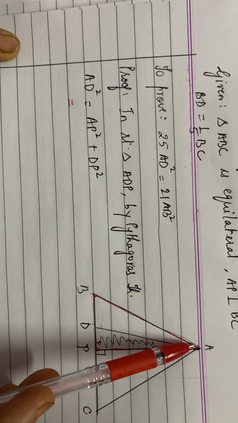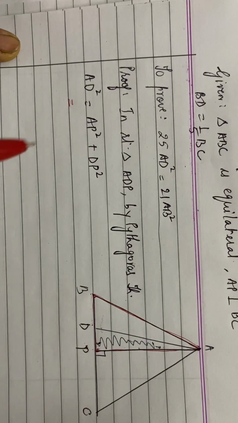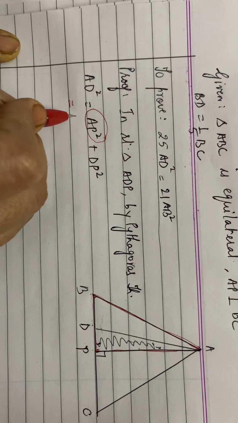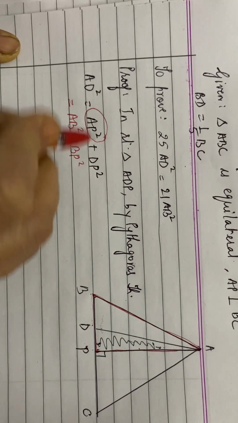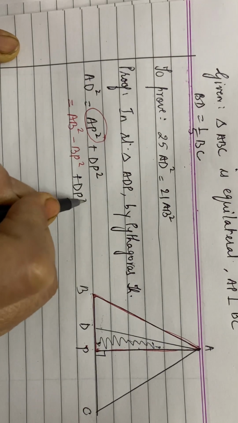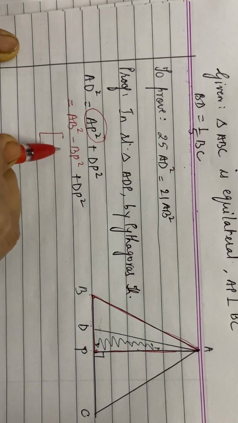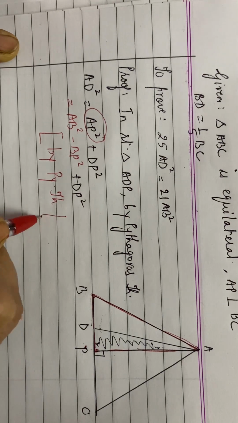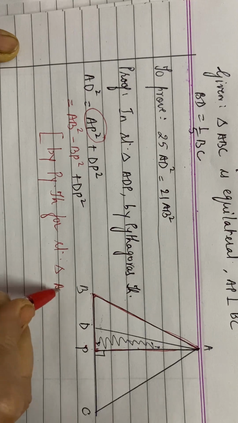Did you get this? What will be AP square? It will be AB square minus BP square. So in place of this AP square, we will write AB square minus BP square and this DP square as it is. The reason we are going to put here is, by Pythagoras theorem, for right triangle ABP.